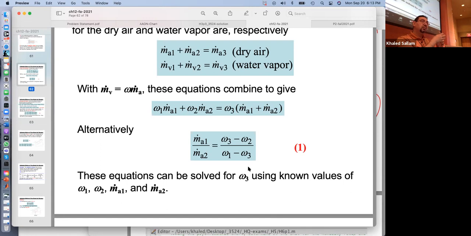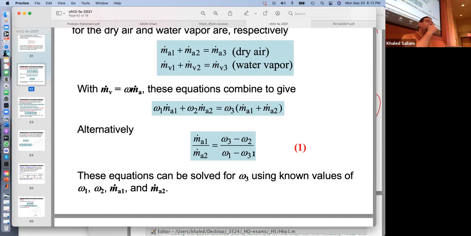Right? And if they are 50-50, so this guy over this guy equals 1, what will happen to omega 3? Omega 3 minus omega 2 will be equal to omega 1 minus omega 3, which means that 2 omega 3 equals omega 1 plus omega 2.